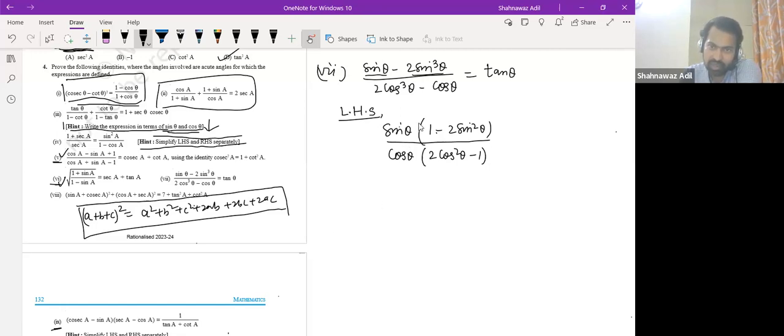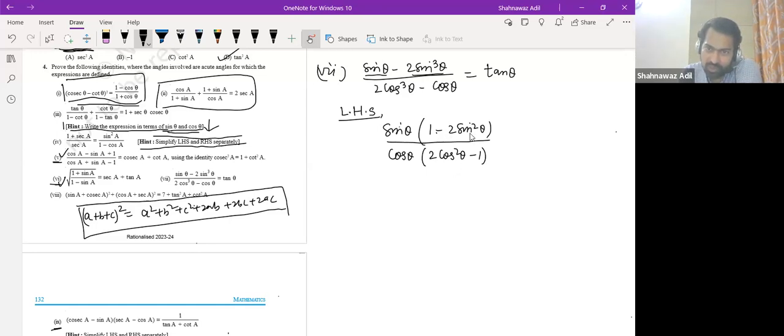Then this one and this one should cancel out so that you get tan theta. They will cancel out. So if they cancel out, then we will get sine theta by cos theta only, right? So you see that this is sine square theta, this is cos square theta.